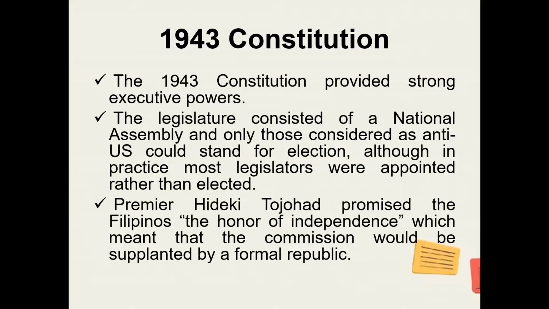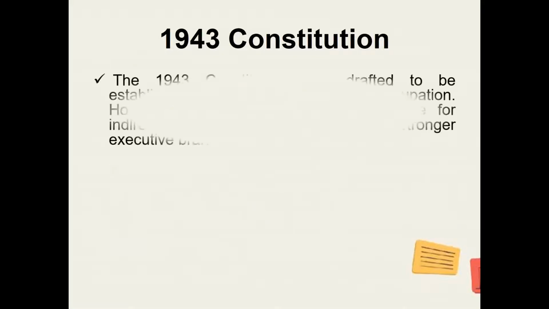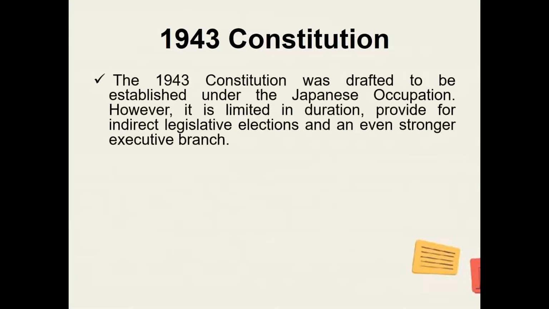So Hideki Tojo promised the Filipinos the honor of independence, which meant that the commission would be supplanted by a formal republic. So Hideki was actually a veteran, a war veteran. Also, the 1943 Constitution was drafted to be established under the Japanese occupation.